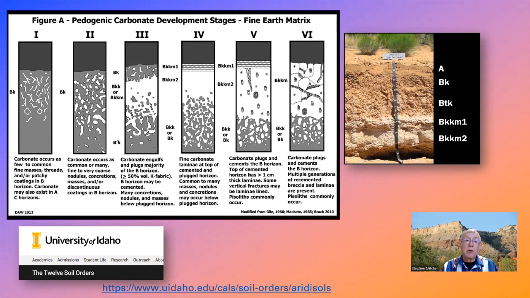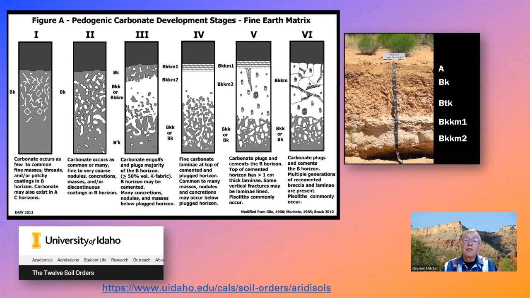But you can see it moves from just having some carbonate coatings and little threads of carbonate in stage 1, to more nodules, the nodules coalescing to make a solid bed. And then eventually you're beginning to have thin laminated layers of limestone up at the top of it. It's getting very plugged, cemented together.